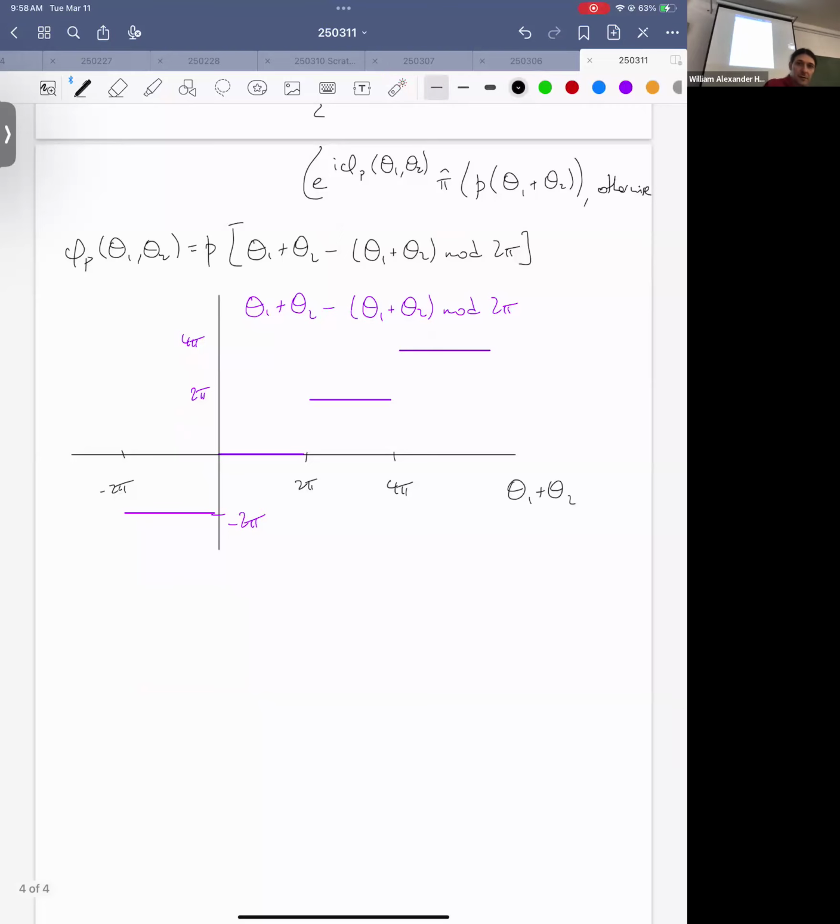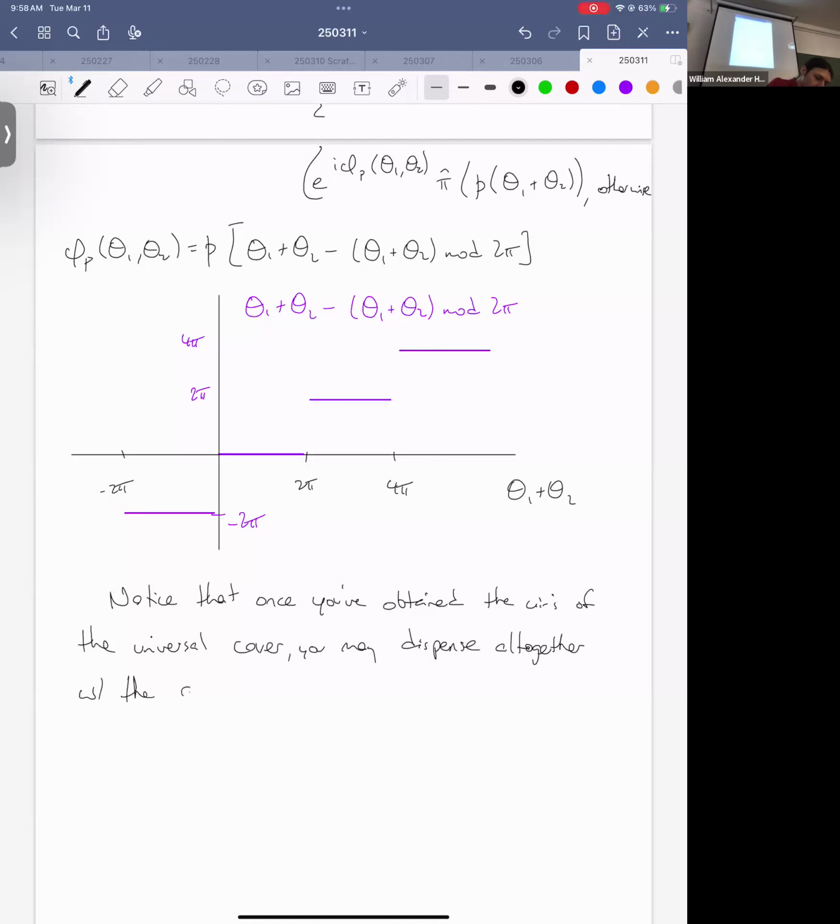So I want to say that here. Notice that once you've obtained the UIRs of the universal cover, you may dispense altogether with the UIRs of the original group.